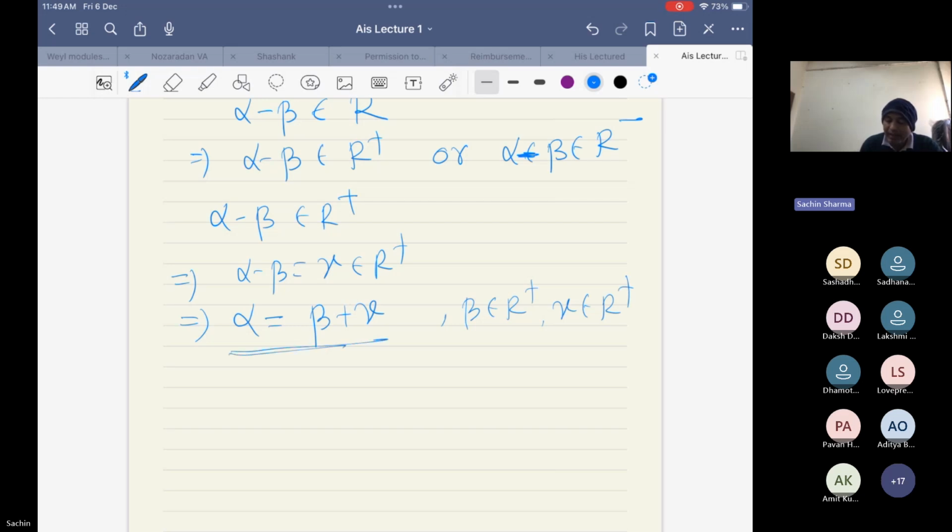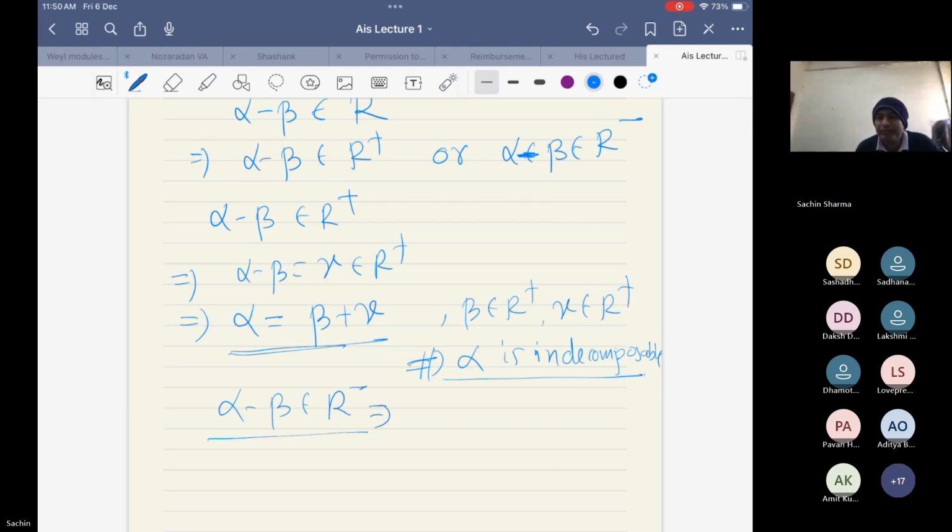That will contradict that alpha is indecomposable. Very good. This argument works very well, but what if it belongs to R minus? Can one complete?